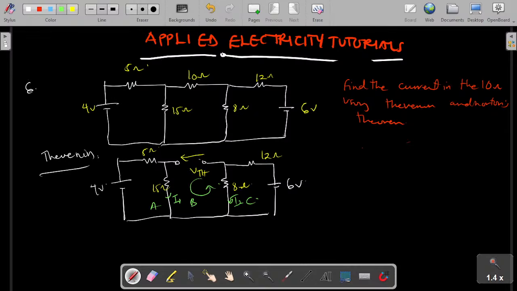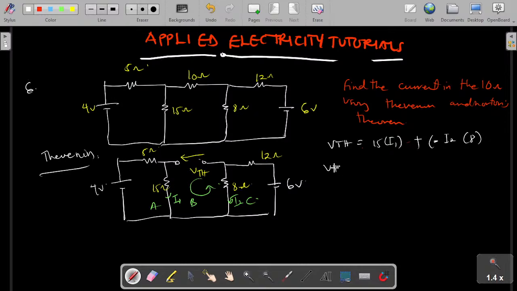So we simply say that, taking this sense, look at the loop that I've taken like this, right? So my VTH is simply equal to 15, in the same sense, 15 multiplying I1, plus, but since it is moving against this sense, it becomes negative I2 multiplying 8 ohms, right?